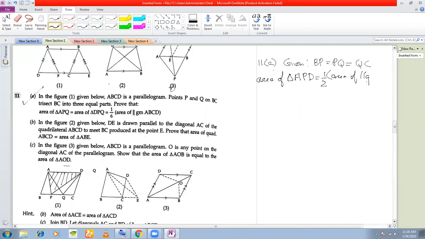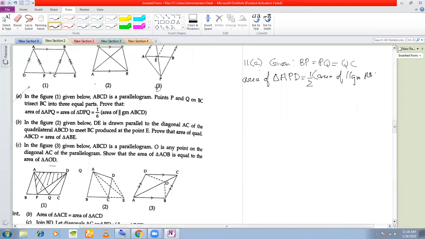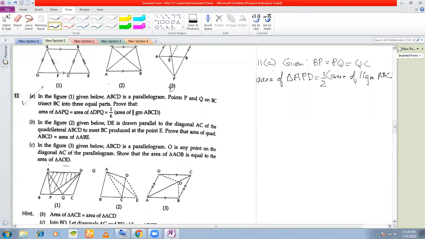Why can we say this? Because it lies on the same base, this is the base AD, and also between the same parallel lines. So the parallelogram and triangle lie on the same base and between the same parallel lines.